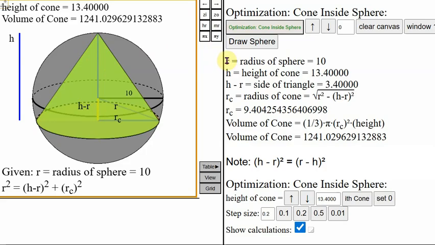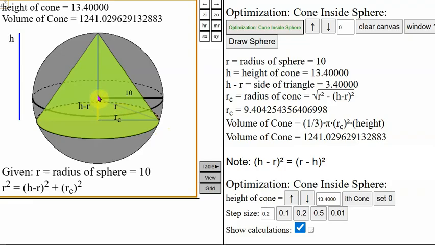So let r be the radius of the sphere, and let r sub c be the radius of the cone. The distance from here to here is r, and then the distance from here to the center of the cone is the height. And so this segment right here is going to be h minus r. And the distance from the center of the sphere to the surface of the sphere is the radius of the sphere.